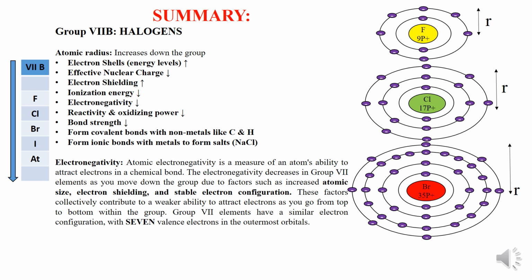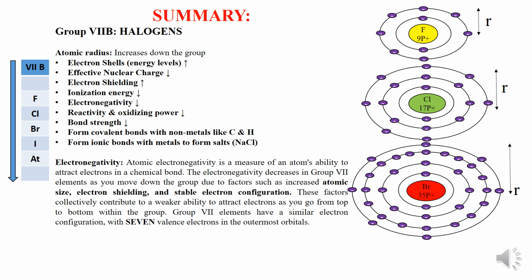Now to summarize the discussion so far about the chemical properties of halogens. As you go down the group, the atomic radius of halogens increases. And what about the other parameters?